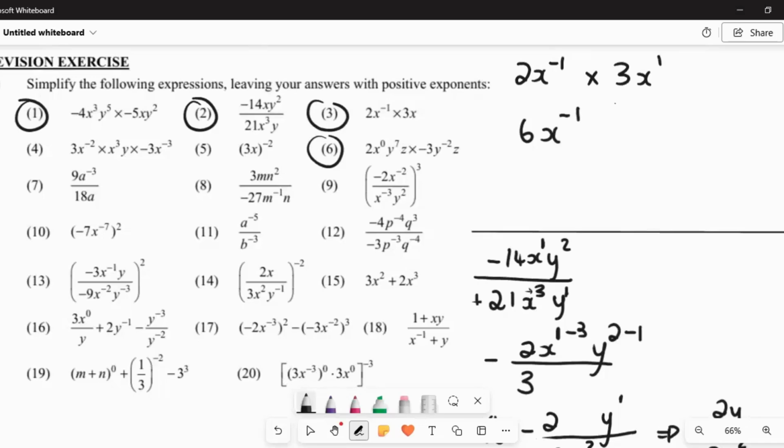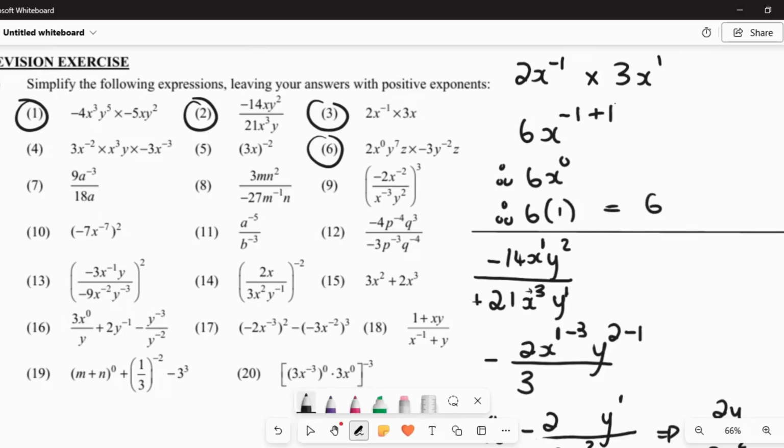So we have 1. Remember, here's 1, right? So it's going to be plus 1. So finally, our answer is going to be 6x to the negative 1 plus 1, which is going to give us what? 0. And then now remember, everything to an exponent of 0 is going to give us 1. So finally, our answer is 6.